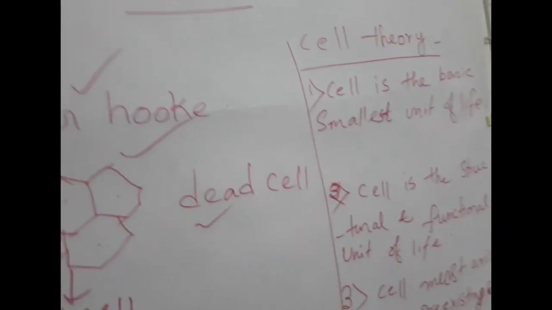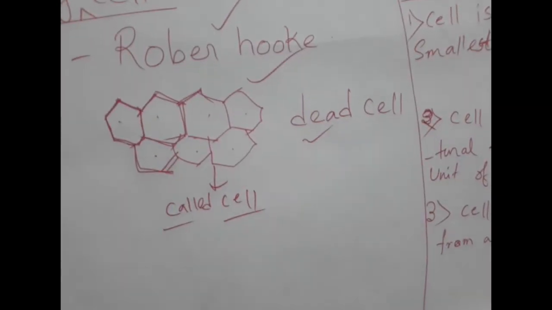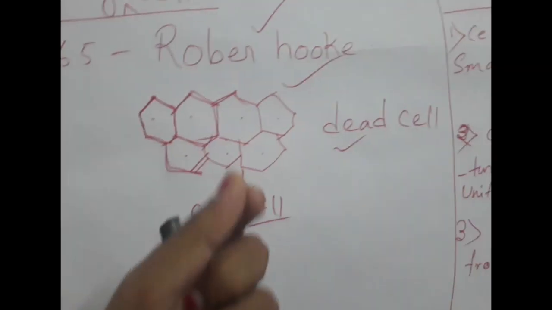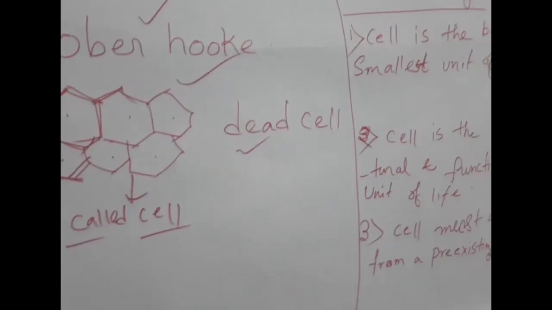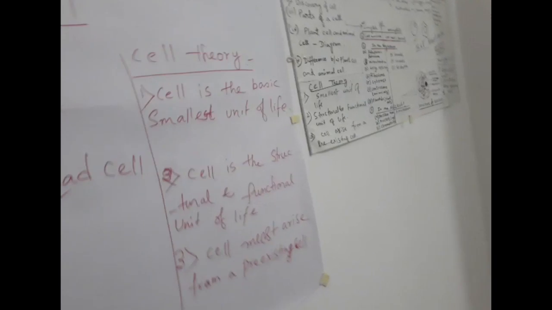Their body is constructed with a huge number of cells. Some are microorganisms whose body is made up of only a single cell. They are single-celled. Some are few-celled.